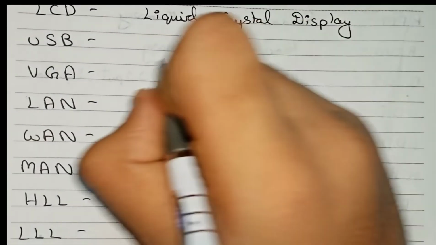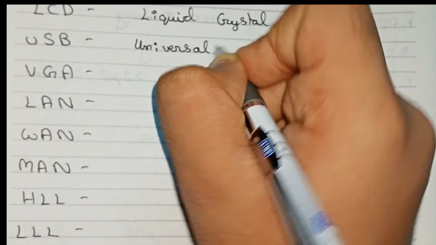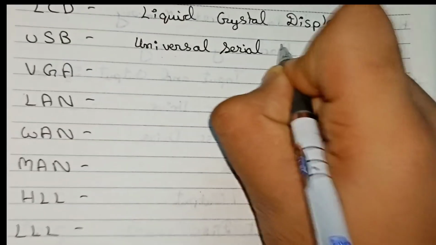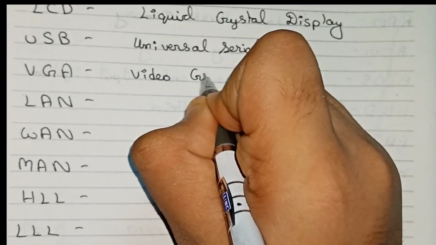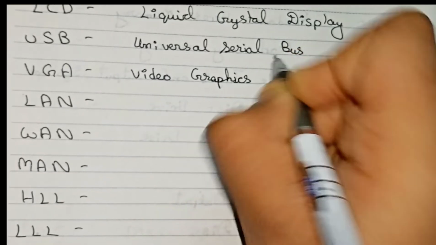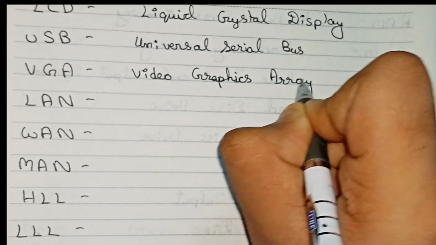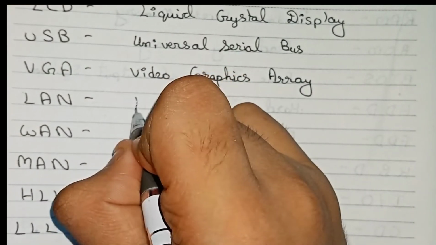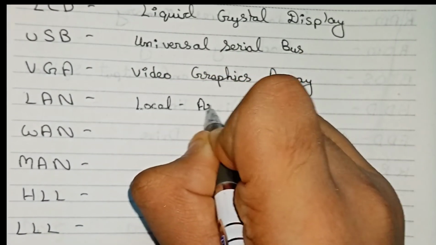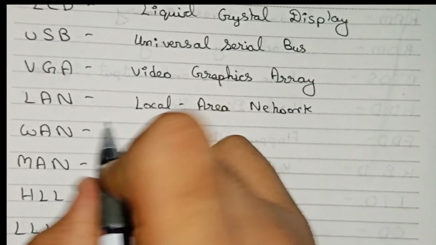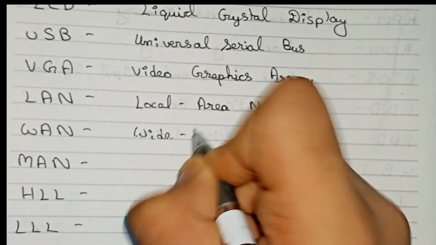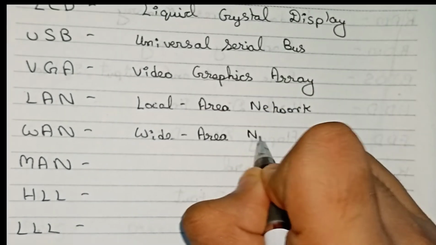Next is USB, that is universal serial bus. Next is VGA, that is video graphics array. Next is LAN, that is local area network. Next is WAN, that is wide area network.